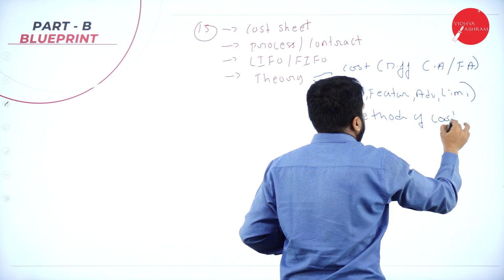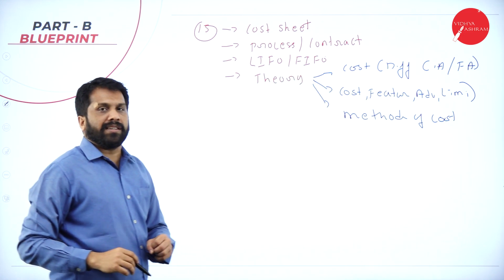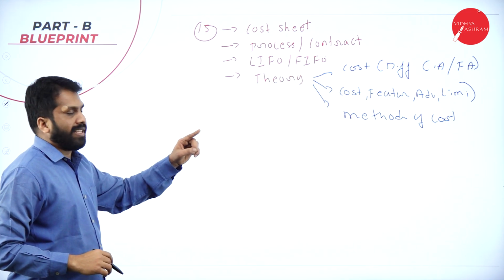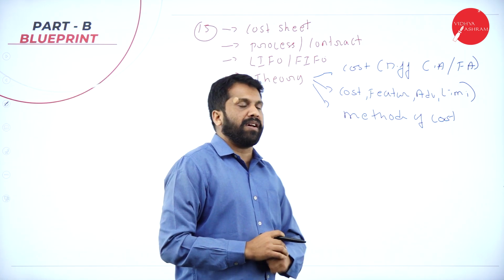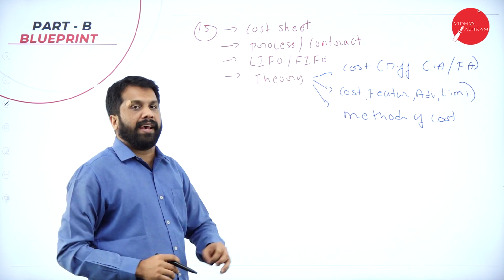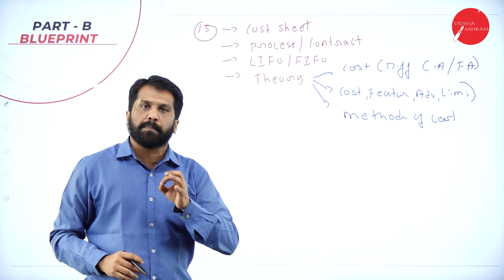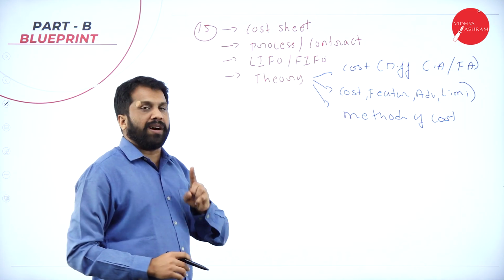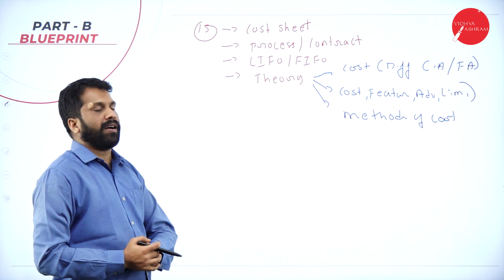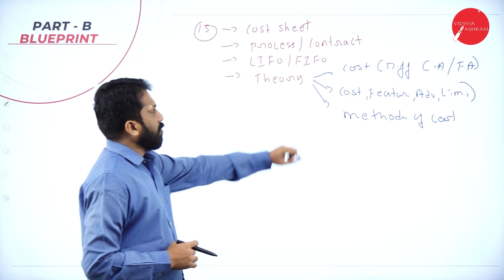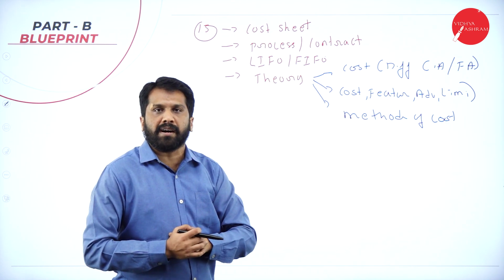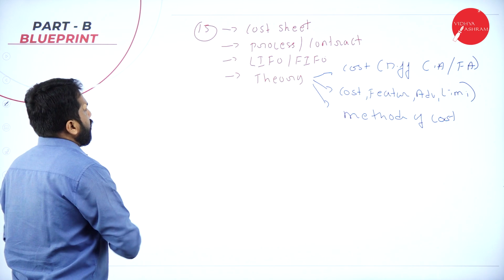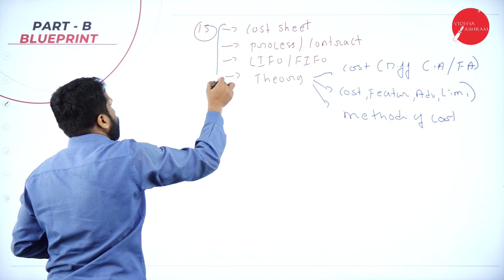Out of these three, any one theory you must expect for 15 marks. Most probably you can go for the first two, because methods of costing normally comes for 10 marks. So this is all about your 15 mark pattern.